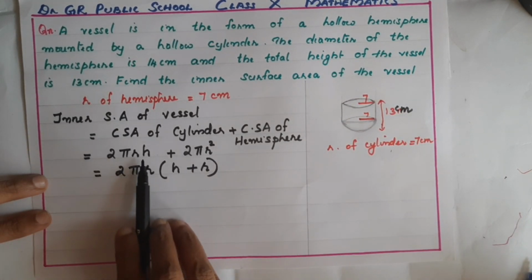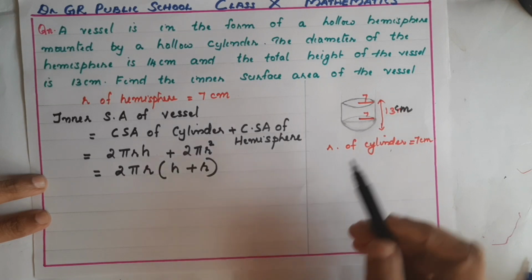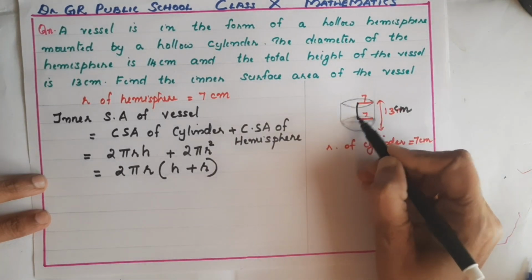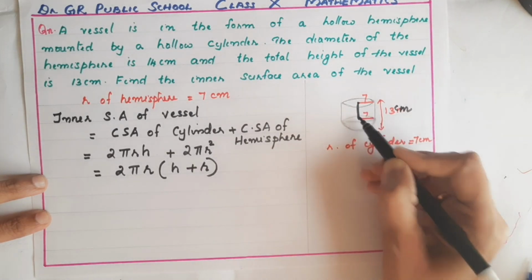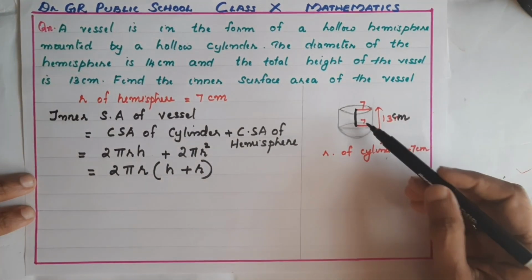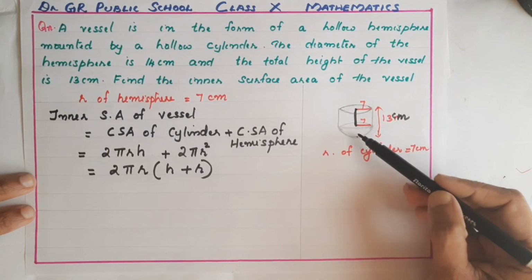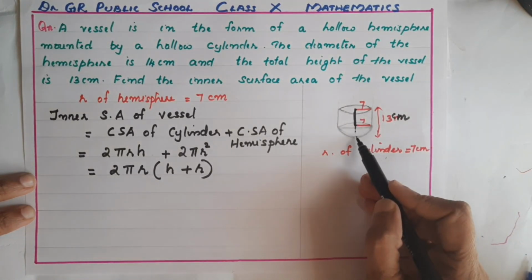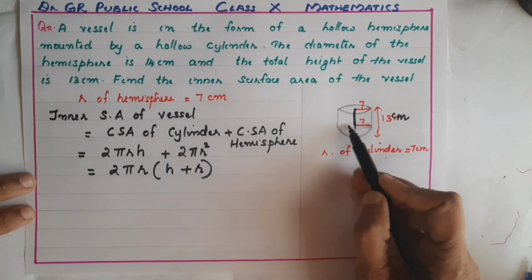So how will you get the height of the cylinder? We have to consider only this much. This much is the height of the cylinder. From here to here it is 13, here also total 13. But we need the height of only the cylinder.